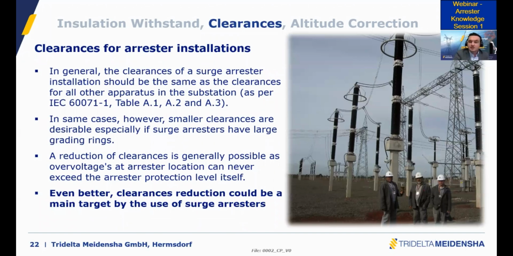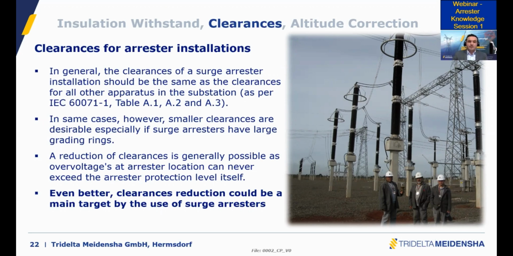Typically, as you can see on this picture, surge arresters above a certain voltage level are equipped with a grading ring. And sometimes you can have some physical constraint due to the ring. So it's often asked if the minimum phase-to-phase clearance, in that case between two rings, can be reduced.